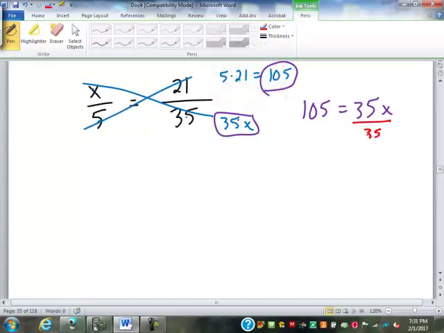So we can divide. Yeah, you could have reduced the 21 over 35. I was just being lazy in how I wrote the fraction. So yeah, you could reduce that. So you divide out the 35, x is equal to 105 divided by 35 is 3.